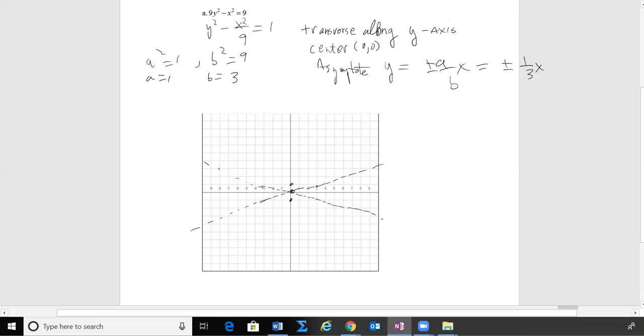So what we typically do is we just draw a little box in here to help us with those two lines. We draw the box first, and then we draw the diagonals of the box.